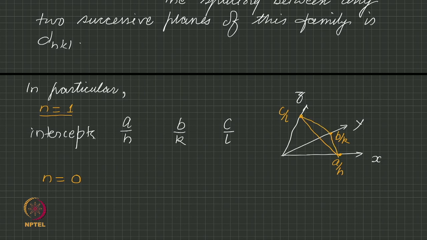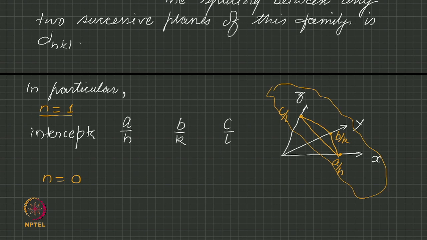Notice that this is only a piece of plane. When we say plane, you have to extend this in your imagination. This is only the part of the plane intercepted by the 3 axes. The plane actually extends into infinity, of which this triangle is only a part.